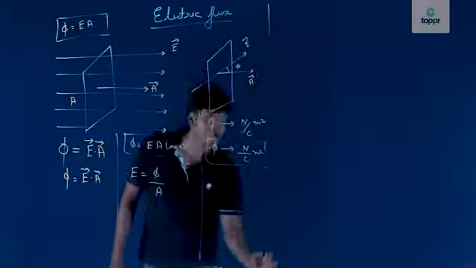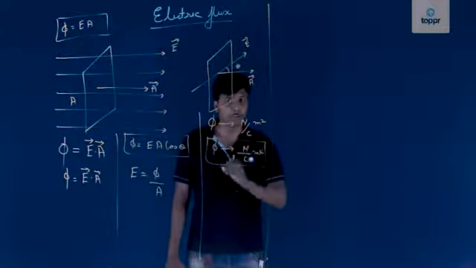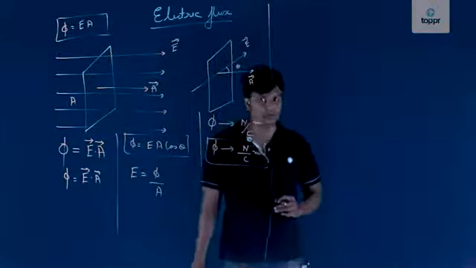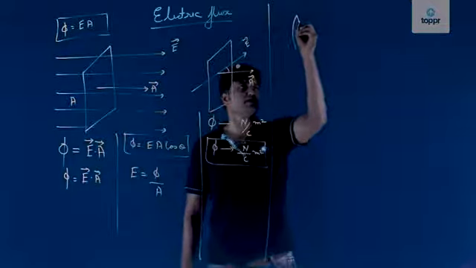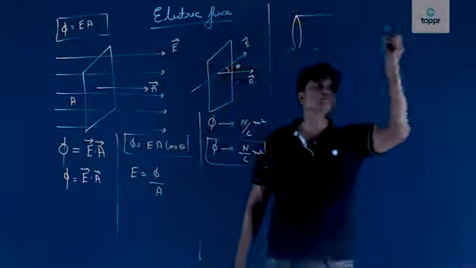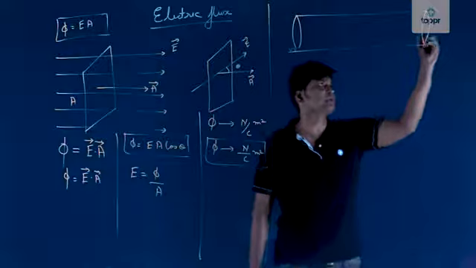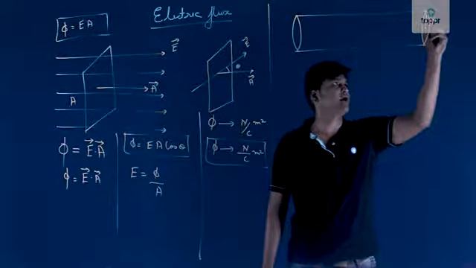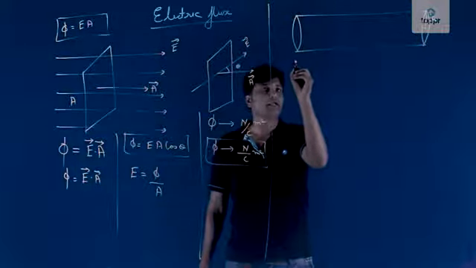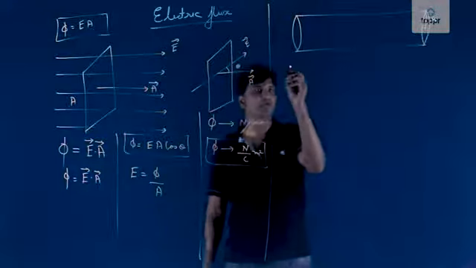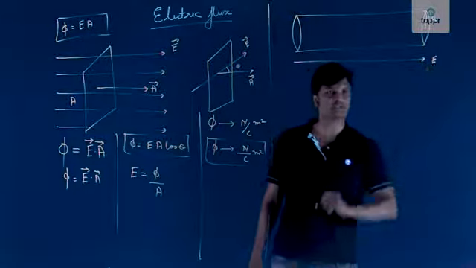Now, in order to understand this flux better, we will take one example. We have a cylinder. The radius of the cylinder is R, and a uniform electric field is along the axis of this cylinder, in this direction.